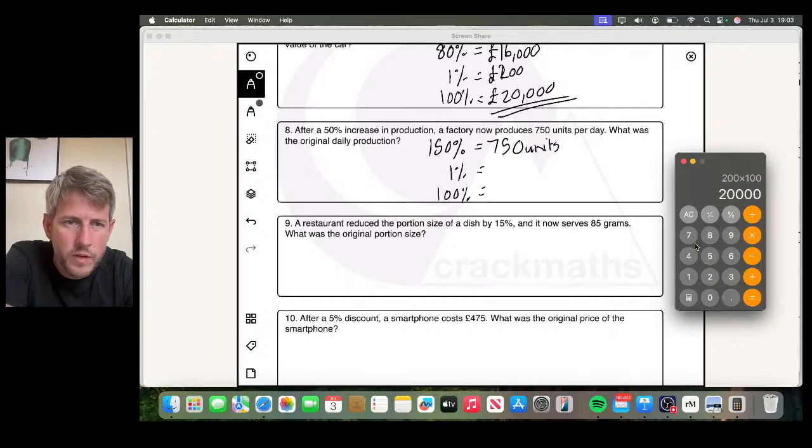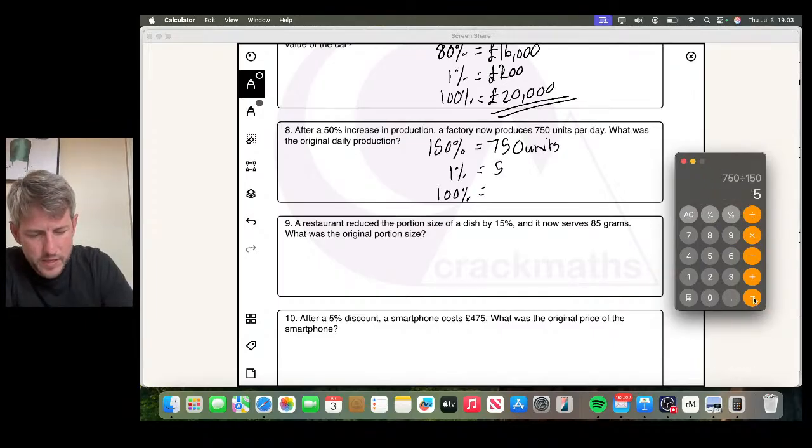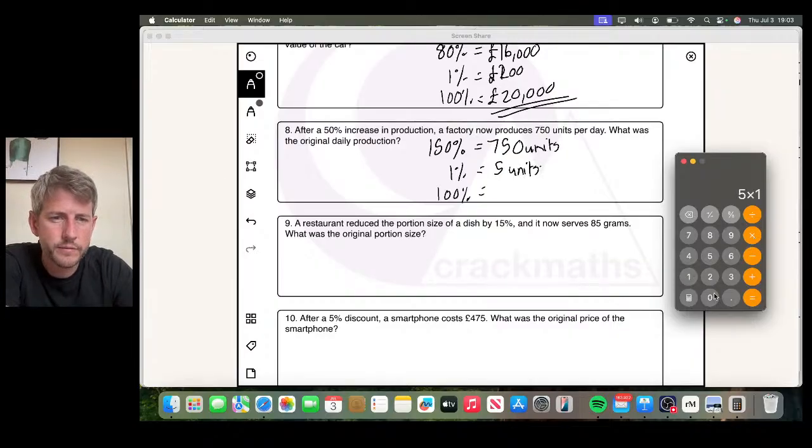So 750 divided by 150 is equal to 5. So 1% would be 5 units, and then times that by 100, and that is 500 units.